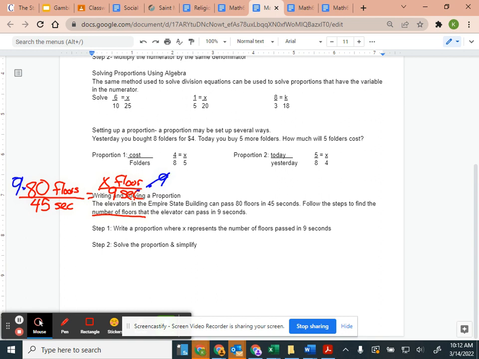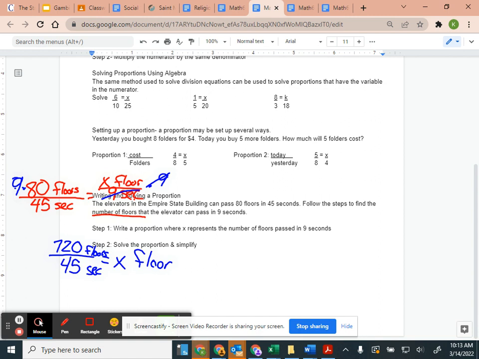So 9 divided by 9 gives me my 1. So I'm left with x floors. And then I have 9 times 80, which is 720 over 45. So 720 floors, 45 seconds. That's our answer?